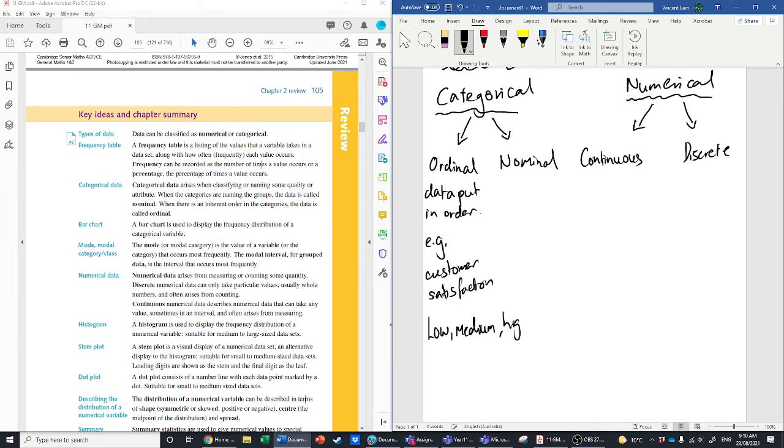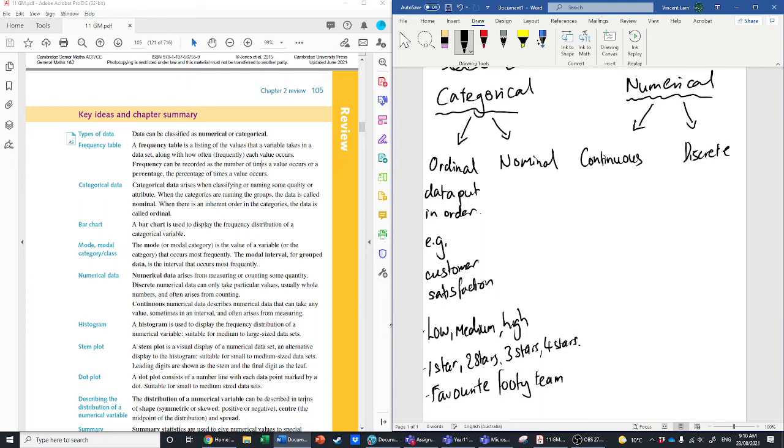Or you can have 1 star, 2 stars, 3 stars, 4 stars.